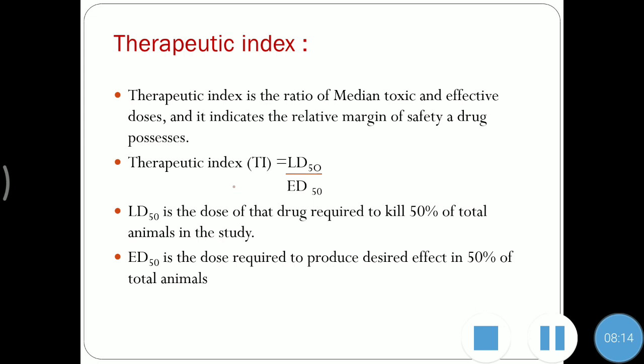Next is ED50, also called the effective dose, which is the dose required to produce the desired effect in 50% of total animals. So by taking these two doses, we get the therapeutic index, which is the ratio of median toxic and effective doses, that is LD50 by ED50.